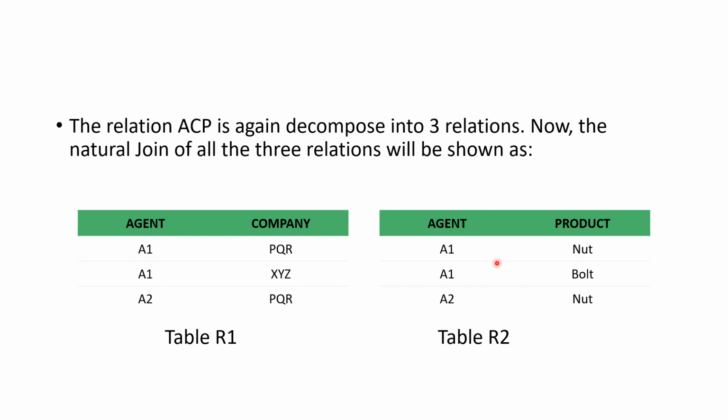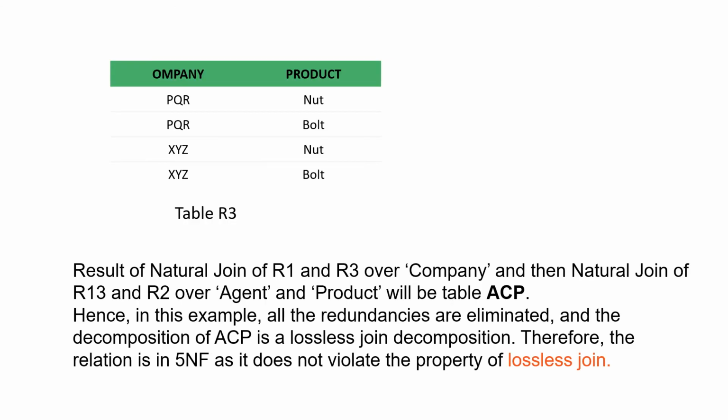Then the other table R2, where we have separated them on the basis of agent and product: nut, bolt. Here we have the third table R3, where companies are PQR and XYZ and products are nut and bolt.